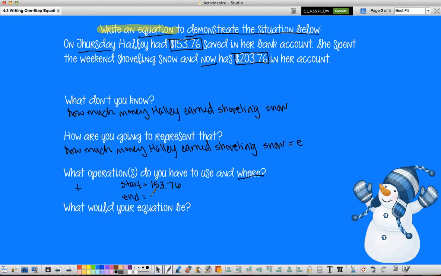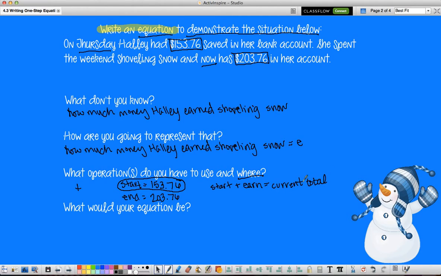And she ended with $203.76. So this is what I'm adding to. And what am I adding to this? I don't know, but I do know that I have to take whatever she started with, add what she earned, so where did she start, plus what did she earn, and that should give me her current total.